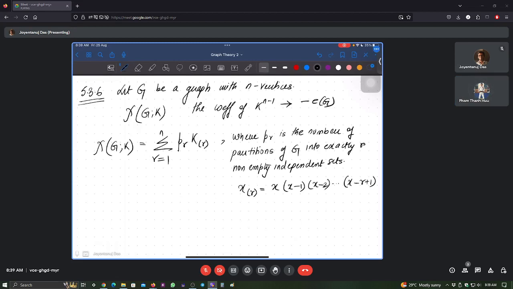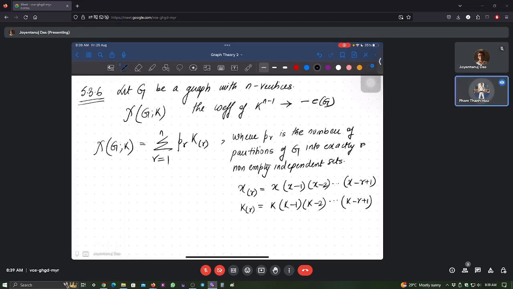So this is k_r. So k_r will correspond to k into k minus 1 and so on. So this is our k_r, a polynomial in k.